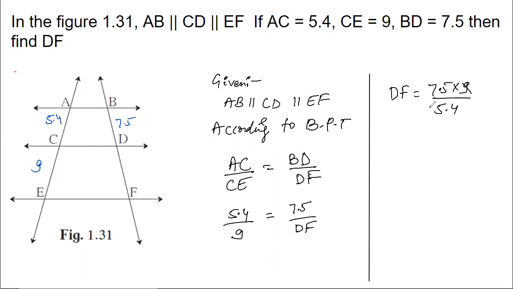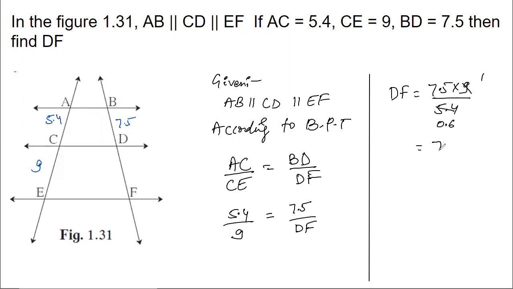Now 9 and 5.4 will get cut. It will become 0.6 and 1. I have cut it from 9. And 7.5 divided by 0.6, when you cut it, you will get the answer as, let's see, 0.6.